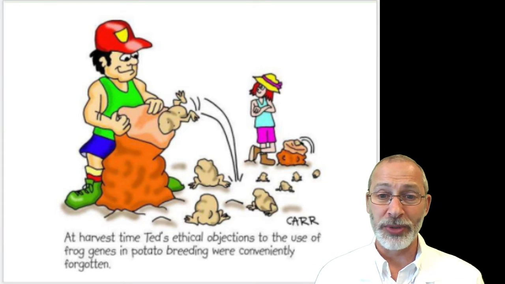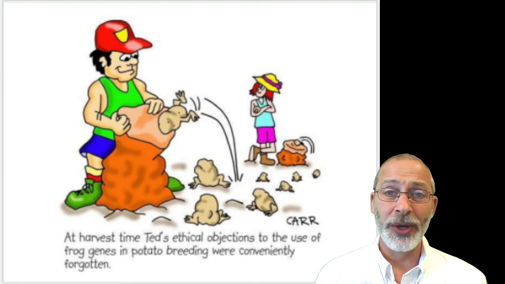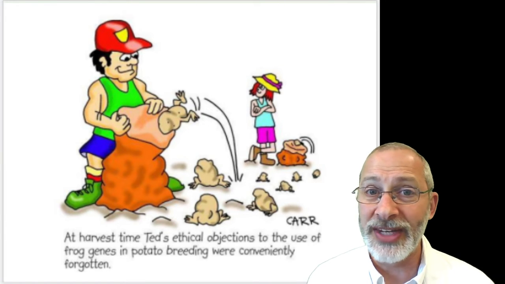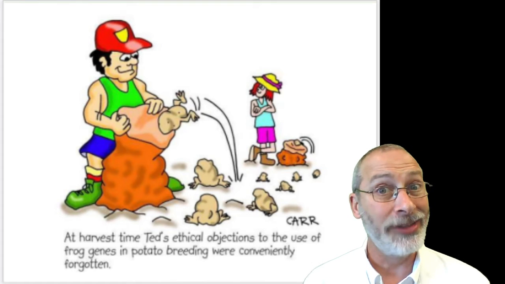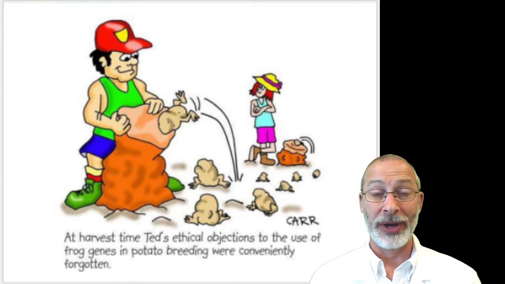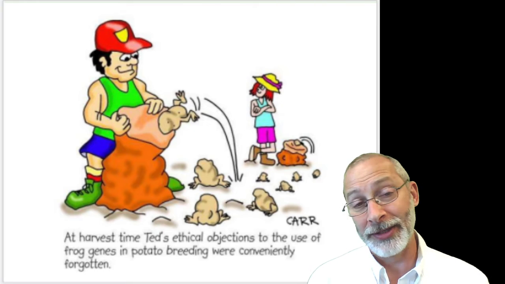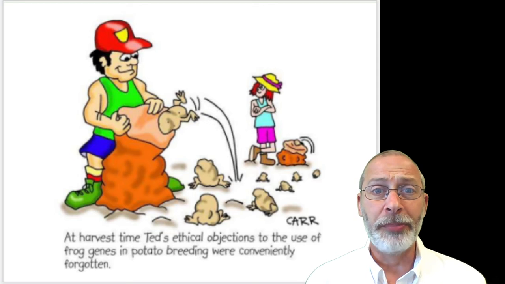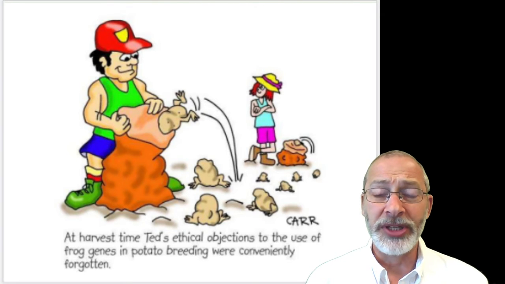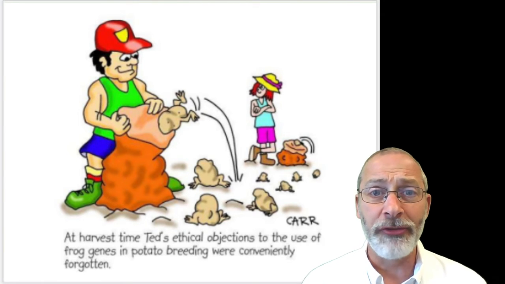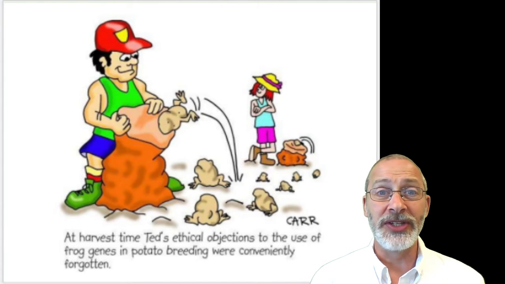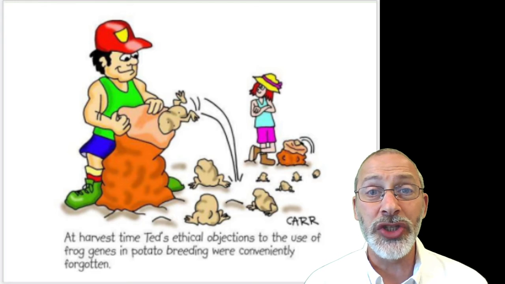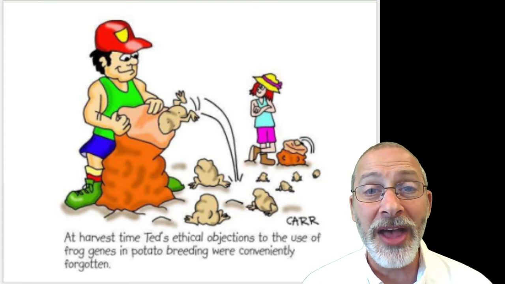I mean, this is really silly, this cartoon, but it makes this point. It may be that this potato farmer was opposed, and again, we're speaking hypothetically here. This isn't actually being done, or at least I don't think it's actually being done in the world right now. But the point it's trying to make is that we could have a potato farmer ethically opposed to the use of potato genes being spliced together with frog genes until harvest season comes along, and well, the farmer doesn't have to harvest any of the potatoes because they just hop into the potato bag all by themselves.